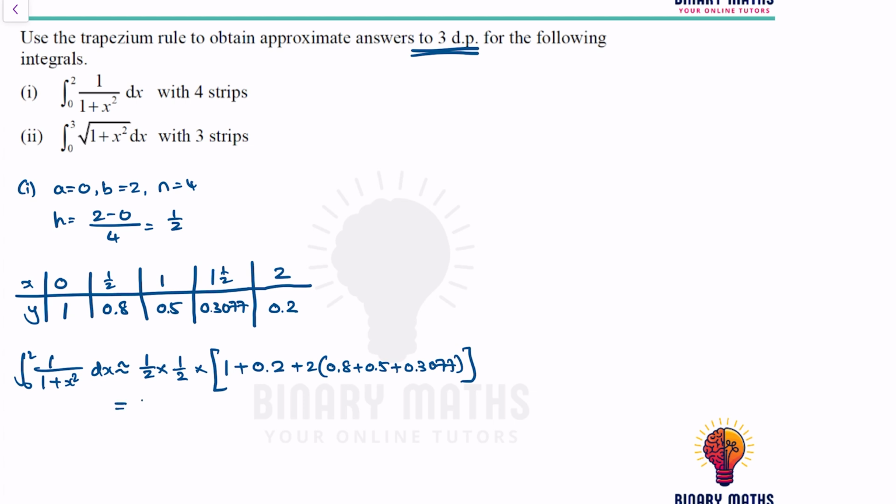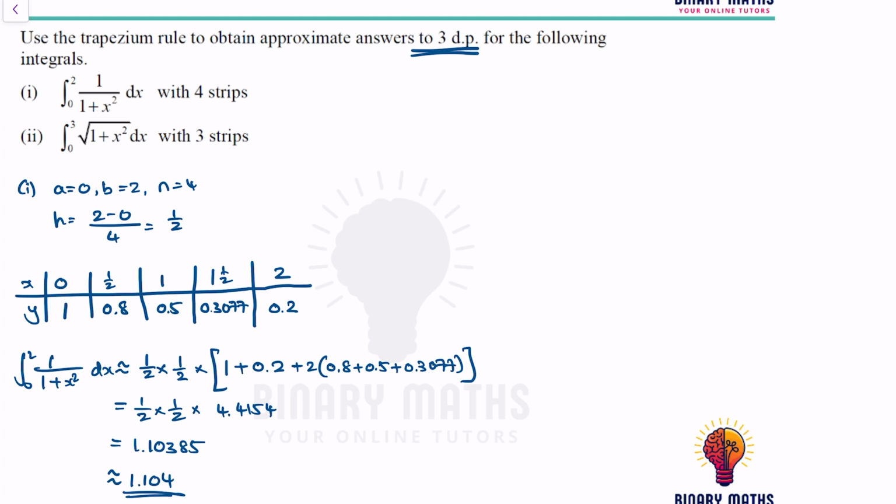If you put this into a calculator, half times everything in the square bracket equals 4.4154. When you do half times 4.4154, you get 1.10385. And if we want to round it to 3 decimal places, it's 1.104.